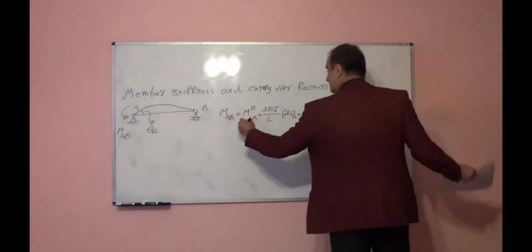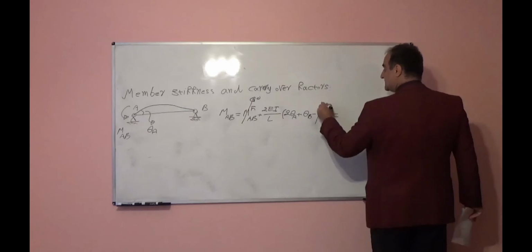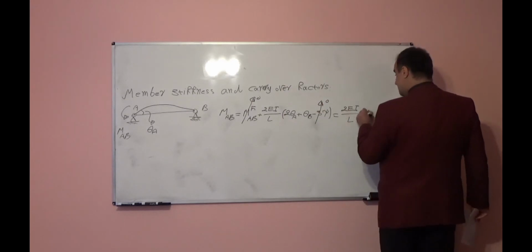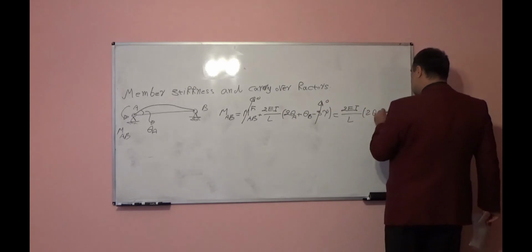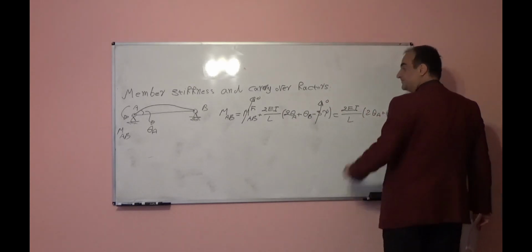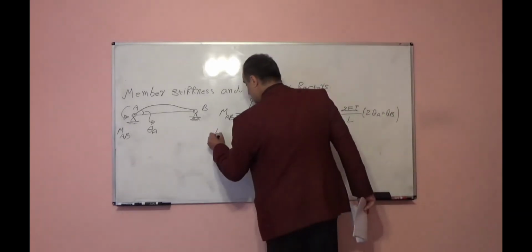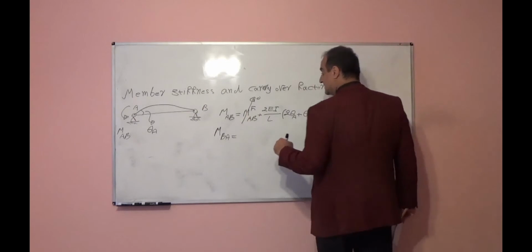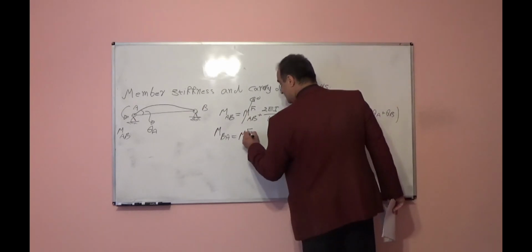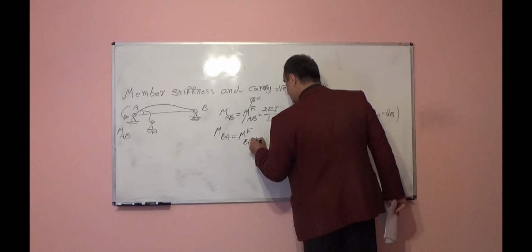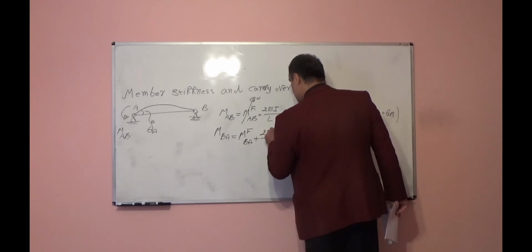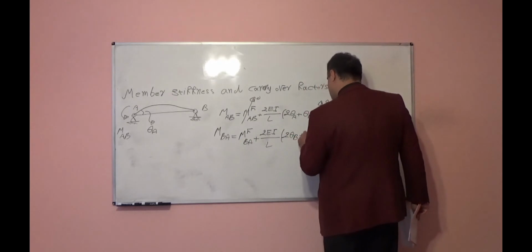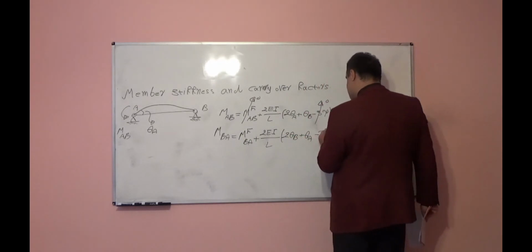That will be equal to, this term is 0, this term is 0, 2EI over L times 2 theta A plus theta B. MBA, the moment on the other side, will be M fixed BA plus 2EI over L times 2 theta B plus theta A minus 3 psi.